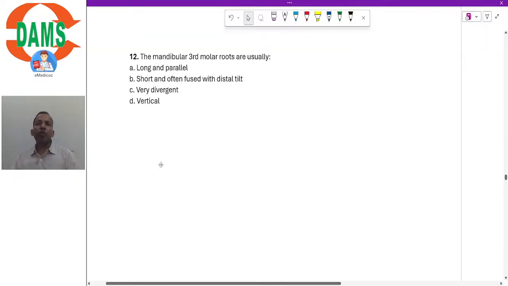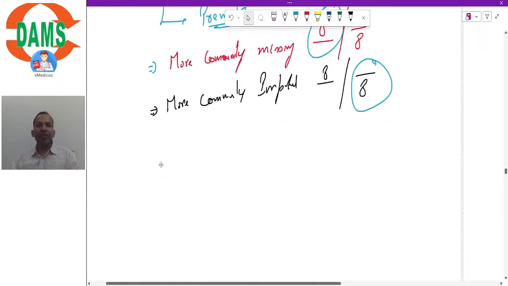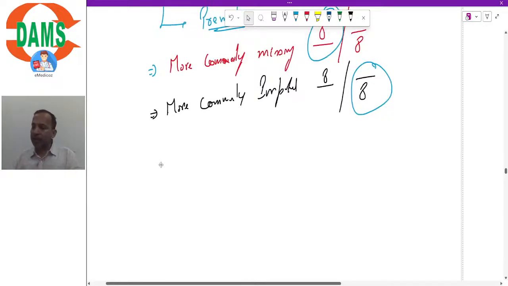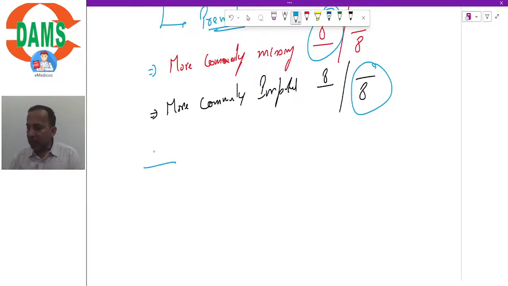Maxillary third molar is more commonly missing and it has more variable crown anatomy, right? So if we had to make a sequence of variable crown anatomy, what would we say? It is the maxillary third molar which has the most variable crown anatomy, followed by mandibular third molar, followed by maxillary lateral, followed by mandibular second premolar.